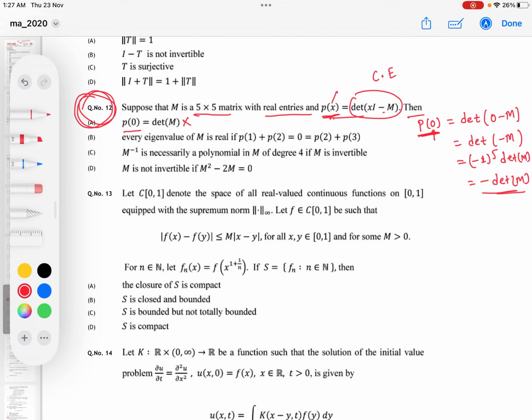Now the next option is that every eigenvalue of M is real, if this relation is correct. So this one is the first eigenvalue, this is another eigenvalue, and this is the third eigenvalue, right?